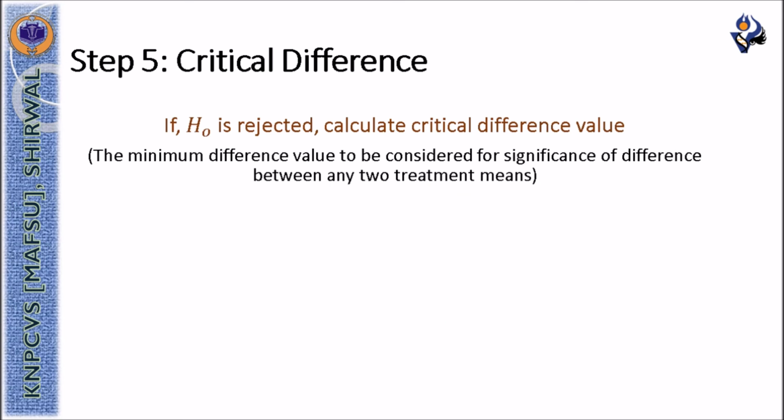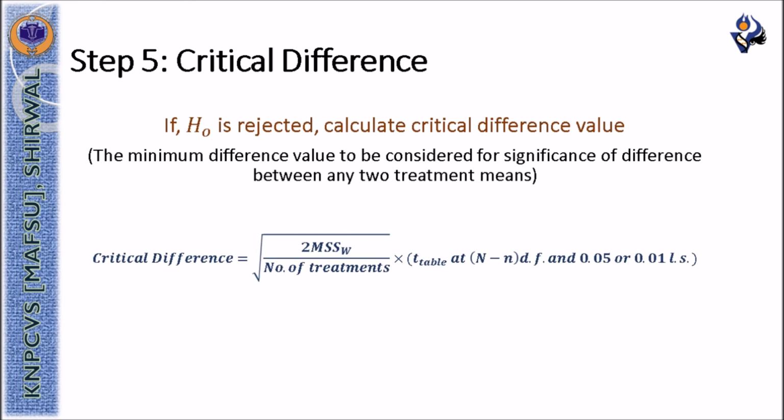If null hypothesis is rejected, we need to calculate the critical difference value. Critical difference value is the minimum difference value which is to be considered for significance of difference between any two treatment means. Critical difference value is estimated with the help of given formula.